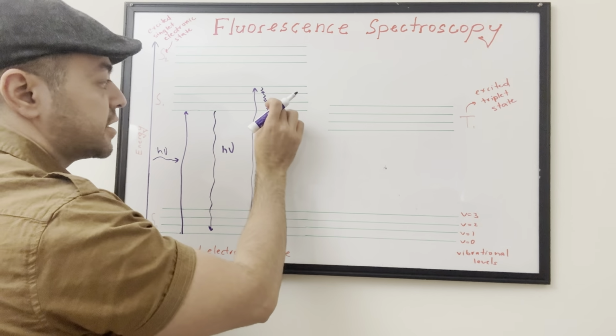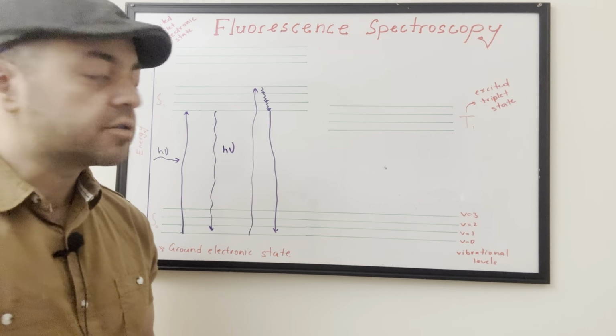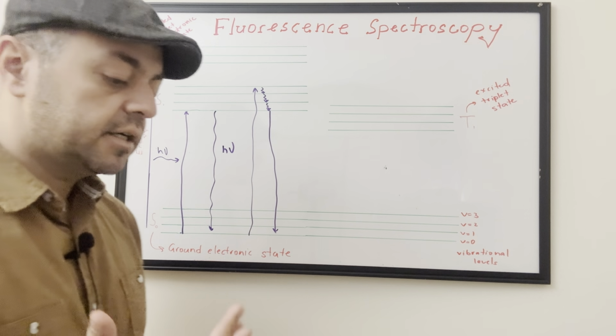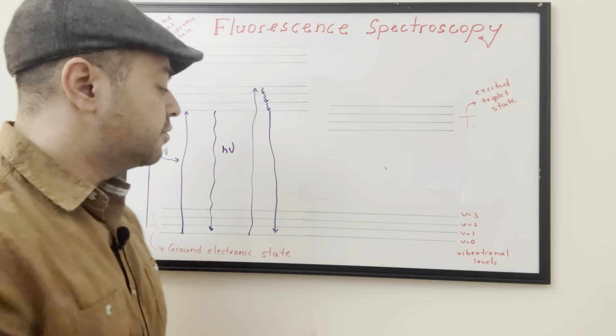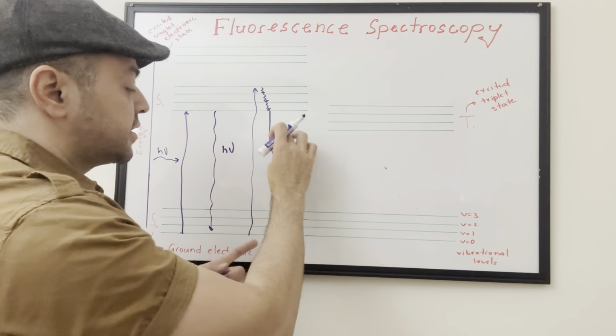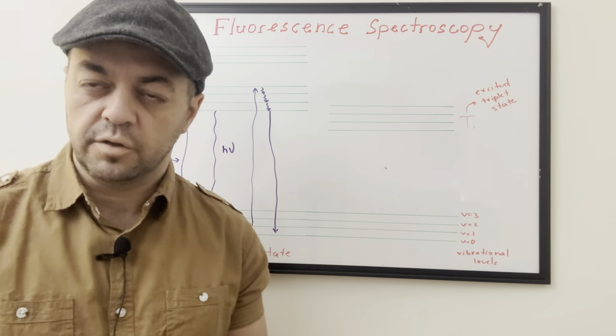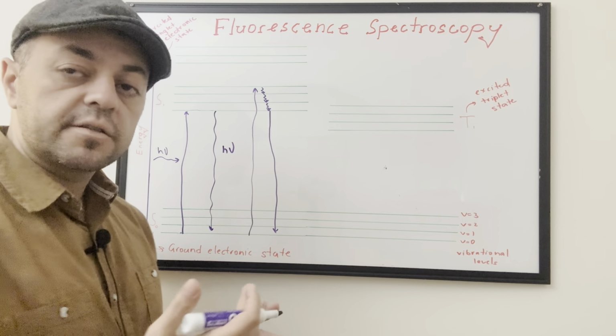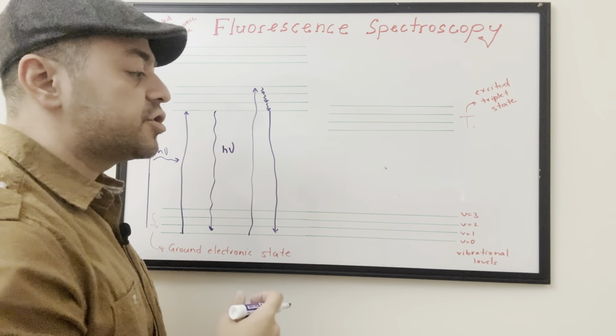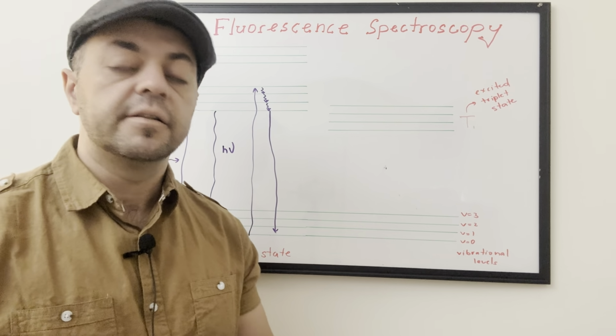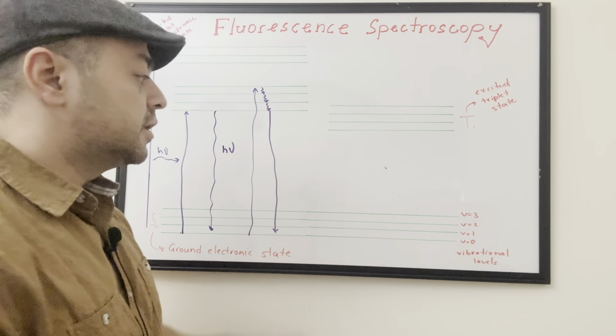And here you start seeing the fluorescence. So that's why typically the energy of the emission is lower than the energy of the absorption, or the wavelength of the emission is higher than the wavelength of the absorption.